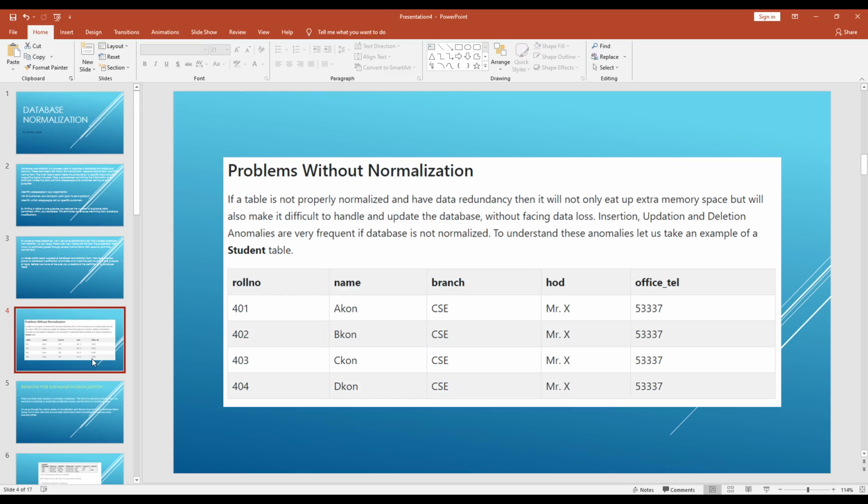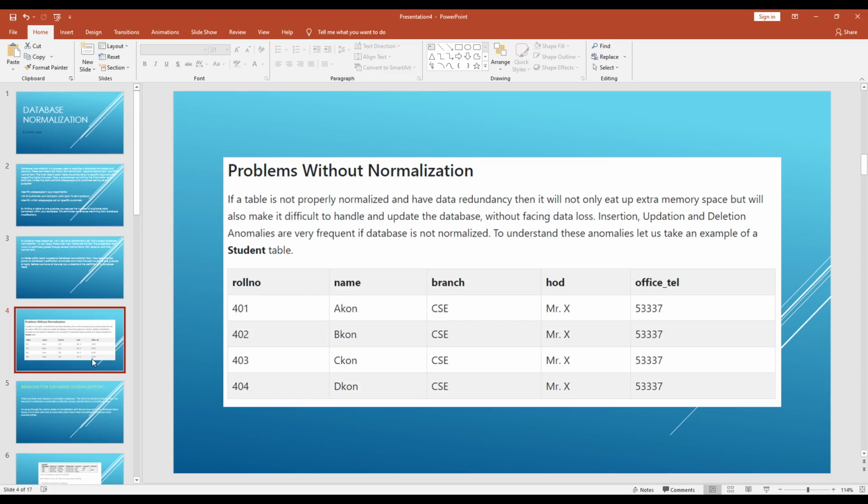And we have a first table. We have a roll number. First row is 101, second row is 102, third row is 103, and fourth row is 104. And the second column is name. First row is Acon, second is Bacon, third is Secon, and fourth is Deacon.